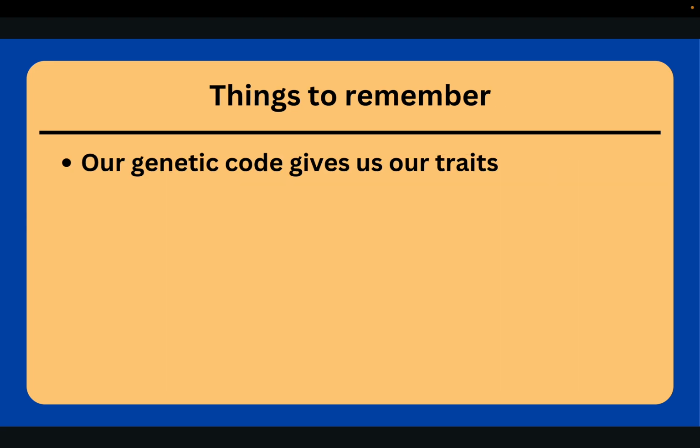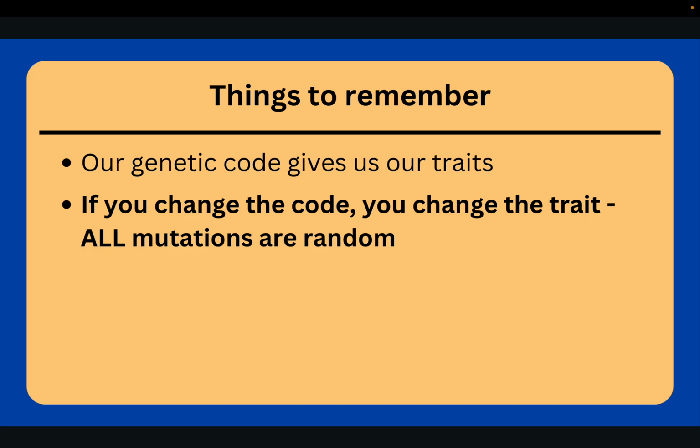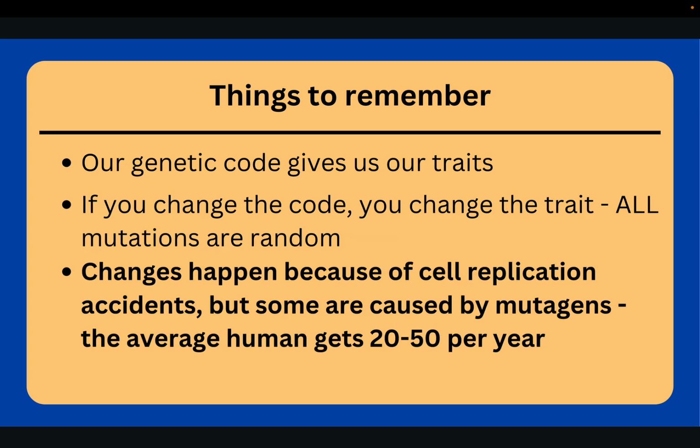All right, some things to remember. Our genetic code is what gives us our traits. You are the way you are because of your genetic code. If you change the code, you change the traits. All mutations happen at random. So you don't get to choose which code you have or which changes you get. Changes can happen because of just regular old cell replication accidents, but some are caused by mutagens.